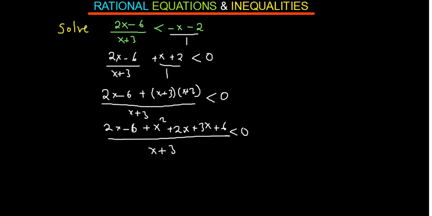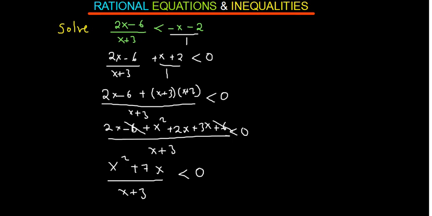Now on top, I'll start by writing the one with a square, that will be x squared, and then I'll add like terms. 2x plus 2x is 4x, plus 3x is 7x. Okay, that is positive 7x. And then we can see this is negative 6, this is positive 6, so they'll cancel out, right? And then divided by x plus 3, that will be less than 0.